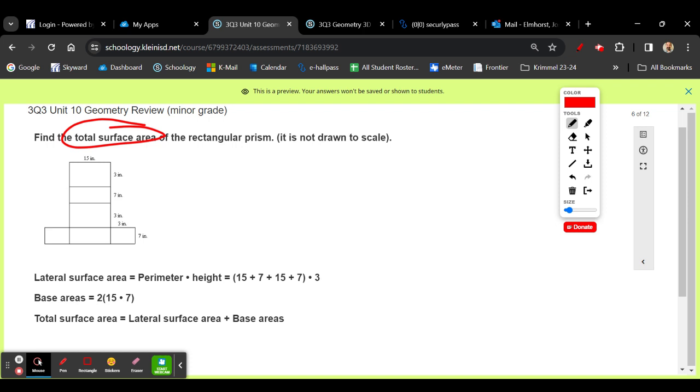We need the total surface area of this rectangular prism. So the total surface area of a prism is going to be the perimeter times the height plus 2 times the base area. Now we need to imagine this box folded up.